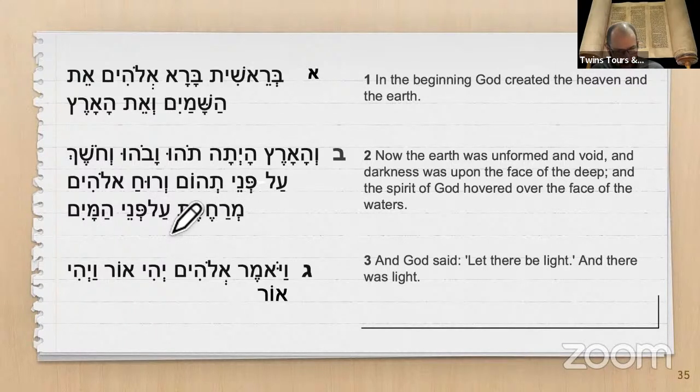Ain with a patah, lamed, pe with a shva, nun with a tsere is e, alpini. He with the patah is ha, mim with the kamatz is ma, yud with a dot is yi, hamayim.